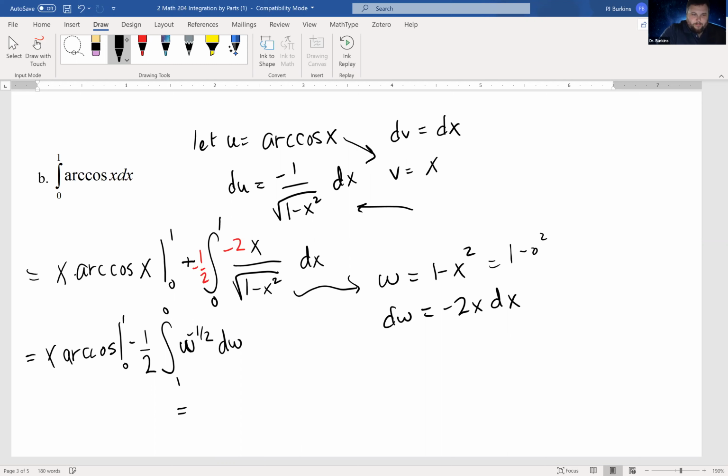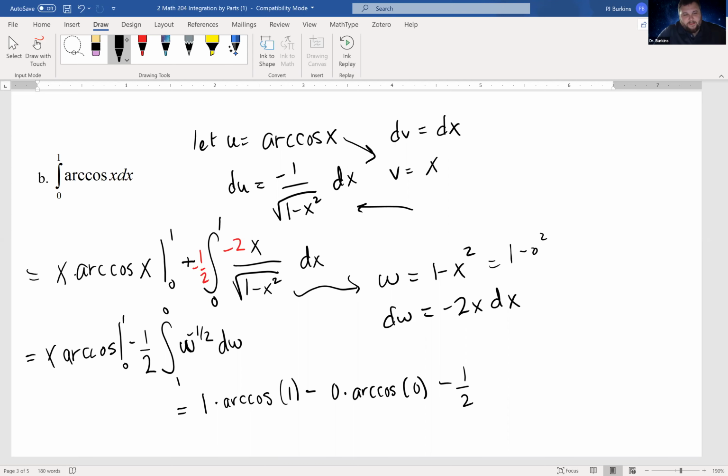All right. So let's go ahead and evaluate the first part then, I guess. So I'm going to plug in the upper bound, minus the lower bound. And then this integral here.